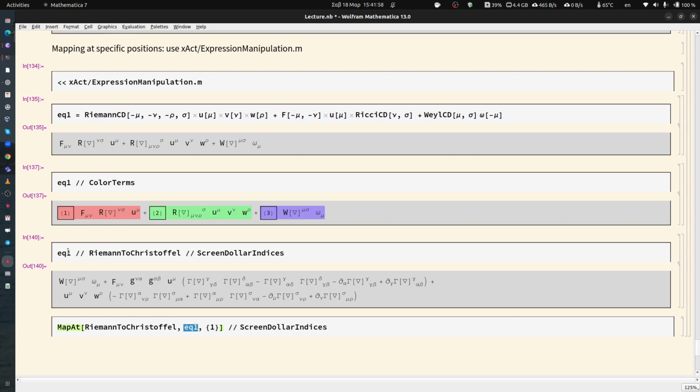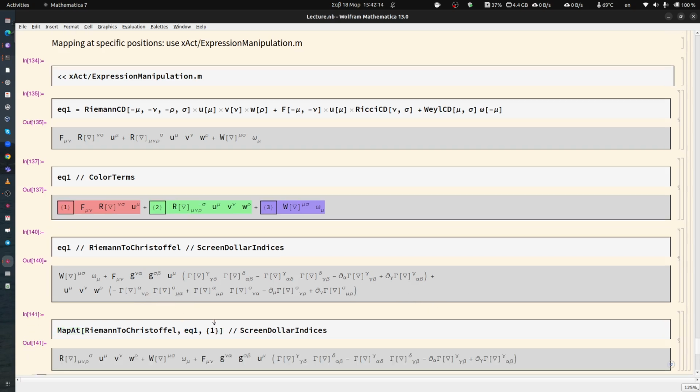In our case, we have named it with the symbol equation 1. And the last one says that I want this function to be applied only on the first term. So you see here that only the expression involving the F-tensor here has the Ricci tensor being substituted by the Christoffel symbols. And the one here, the second term, is not.